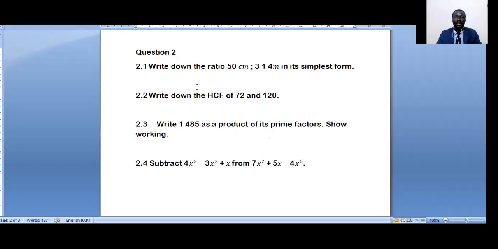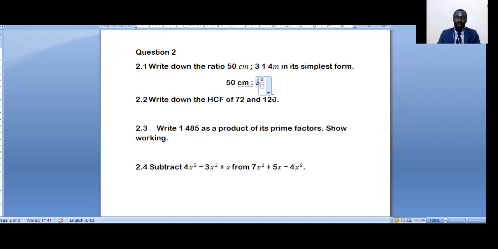So that means in the simplification, we can write 50 centimeters to 3 and 1/4, like this. So to convert it to centimeters, we have to multiply this by what? By 100. So now we have converted it from meters to centimeters.